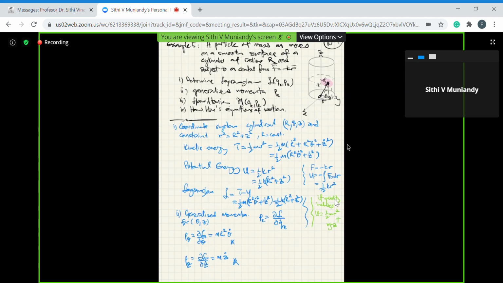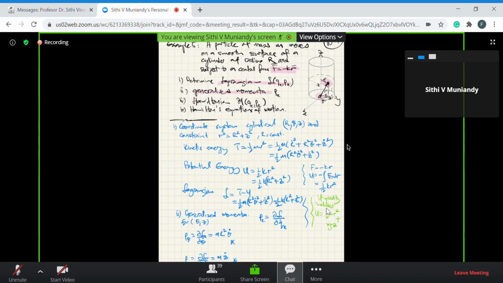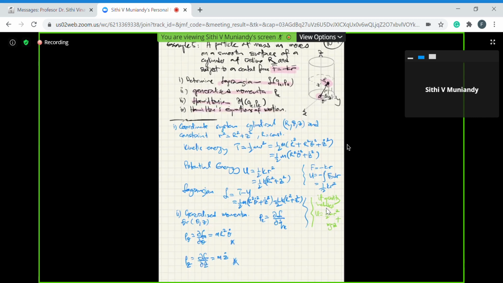If you know central force, it originates from the origin here, and that is your r. The question is in fact helping you find what you need to find: the Lagrangian, the Hamiltonian, the generalized momenta. Once you get that, you can write down the Hamiltonian and the equation of motion. So let's start the steps. Step one.